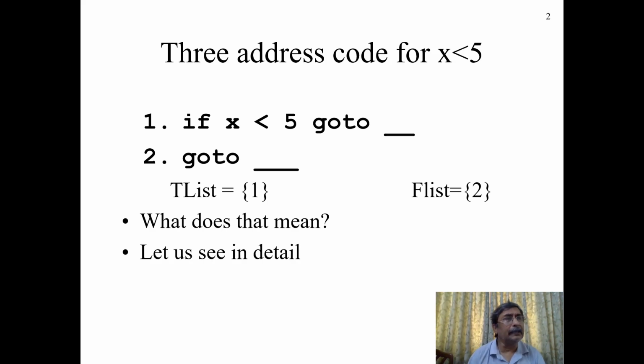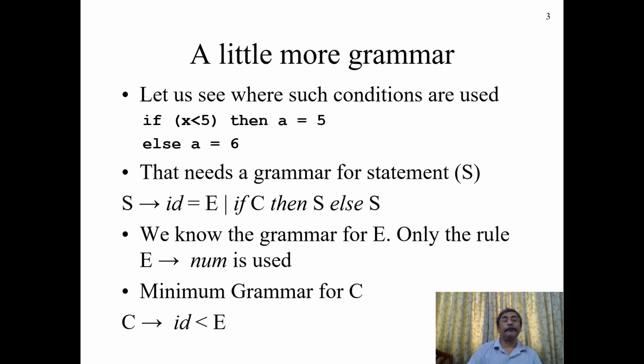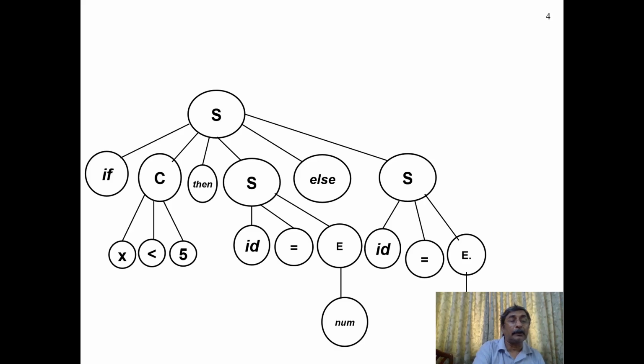So let us see in detail the context in which this condition will be used and the kind of actions that I need to take in case I need to generate a complete code for that. Let us see the context first. So see that this is the context.